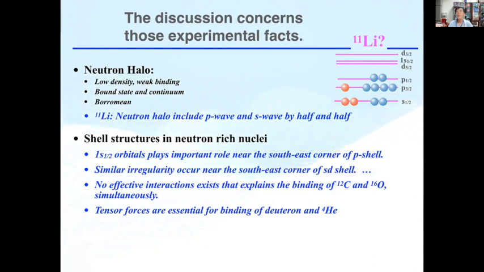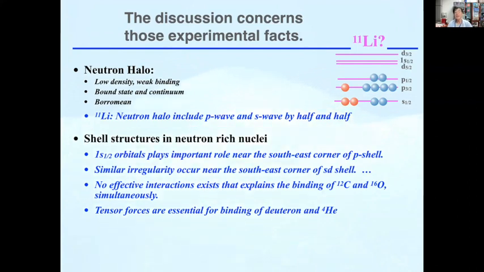And to answer that, there's a lot of discussion in theory, and I will show you later, almost at the end, that this really gave us a new view of nuclear structure. And actually in halo nuclei, for some reason, the S1/2 orbital plays an important role near the southeast corner of the P shell region.